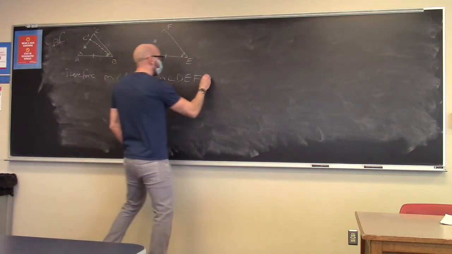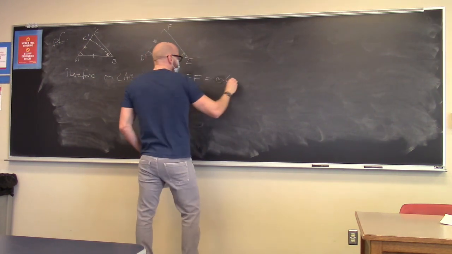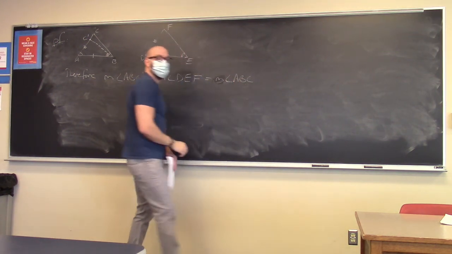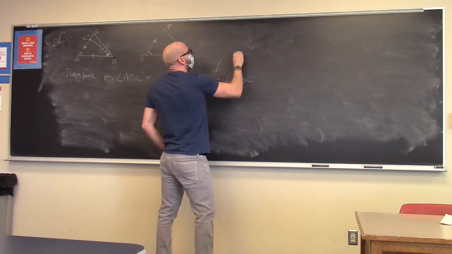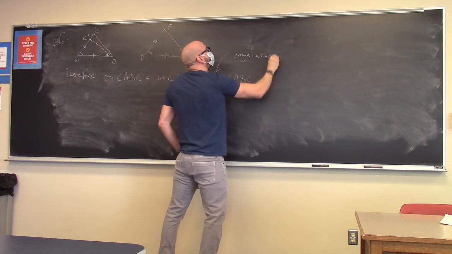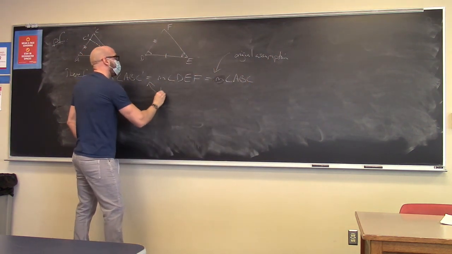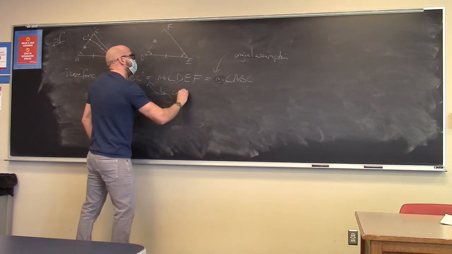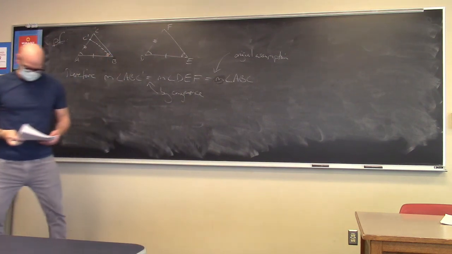So just by our original assumption, this is the same as the measure of angle ABC. This is the original assumption. Meanwhile, this equality is by the congruence we just established.